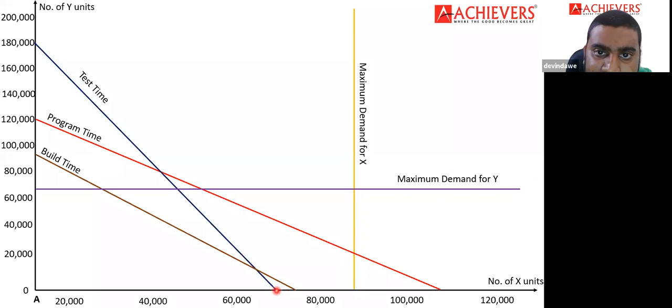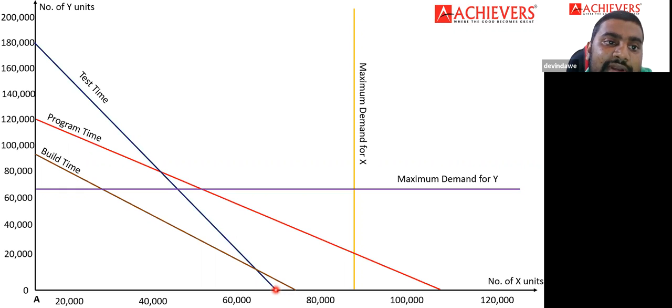Yes or no? Yes, that we calculated. So therefore, this corner means that I can't go any further because the maximum amount of resource that I have is over.